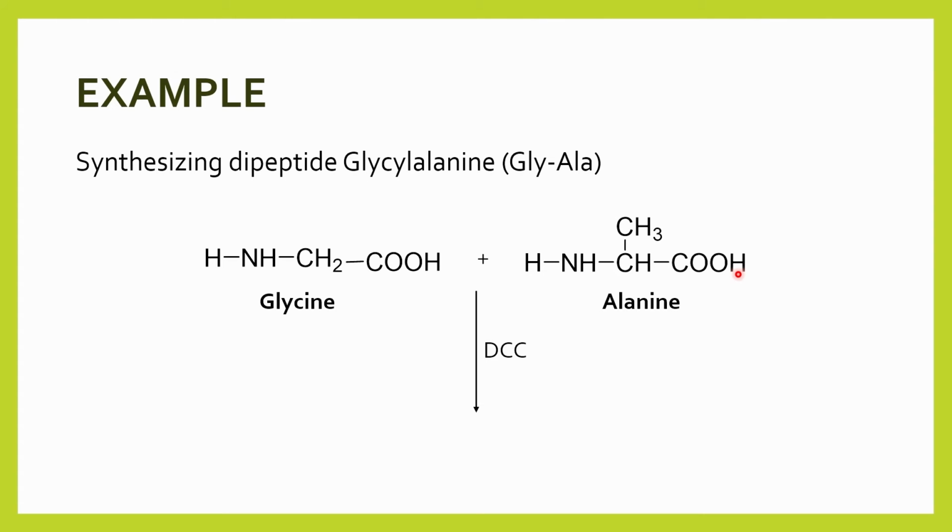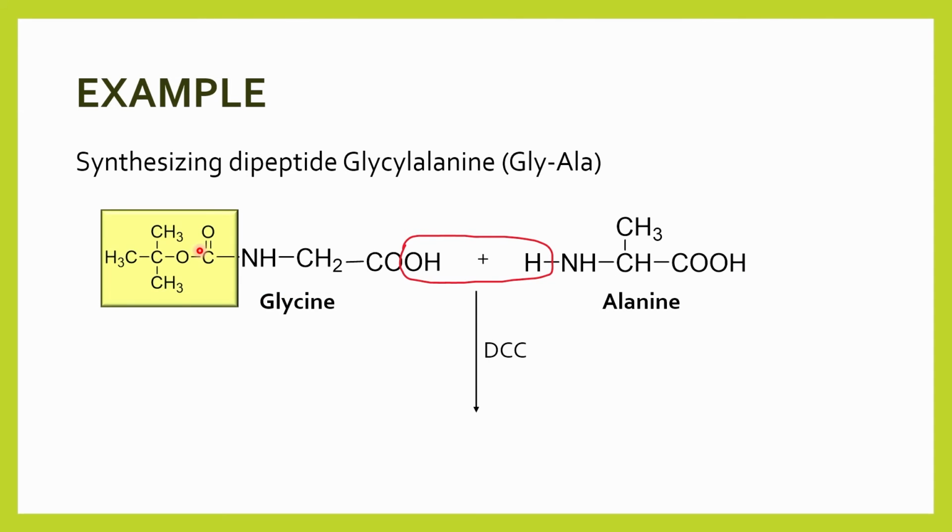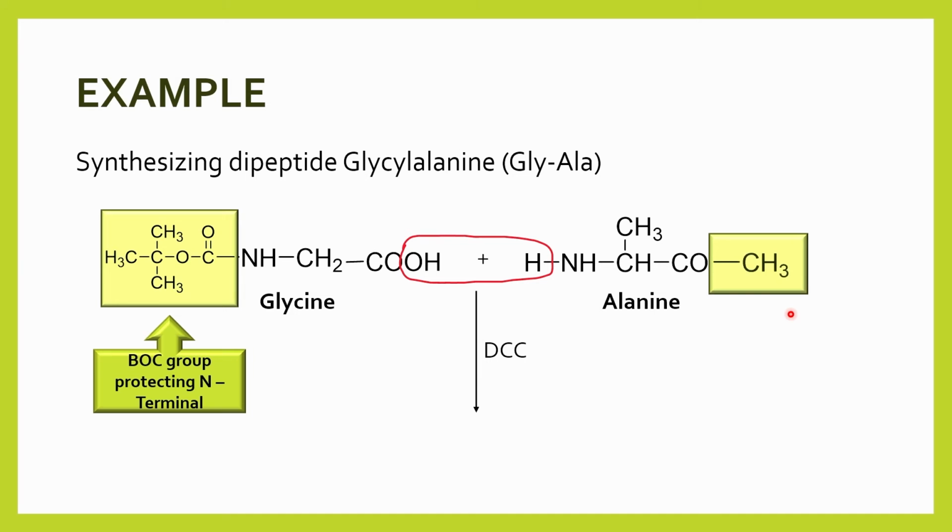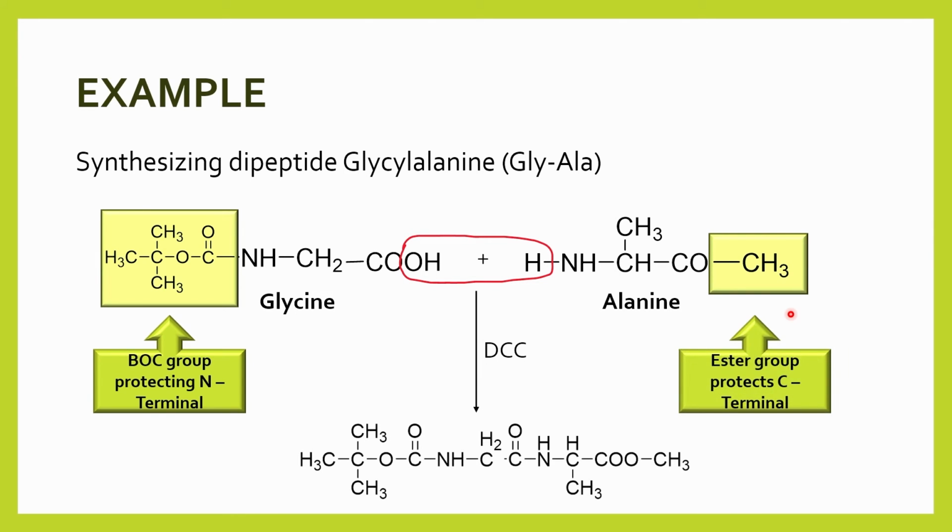According to our understanding from our previous slides, the N terminal is protected by the BOC group. So we'll protect it like this, and the C terminal is protected by the ester group. Now when both of them are protected, we will get a protected dipeptide.